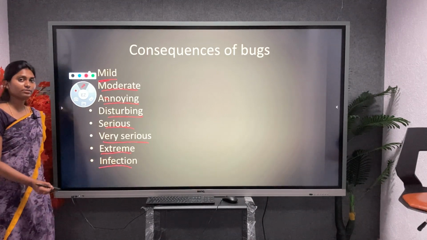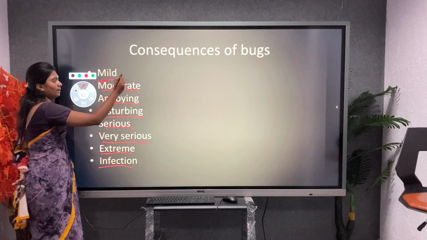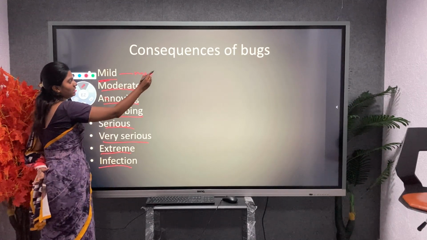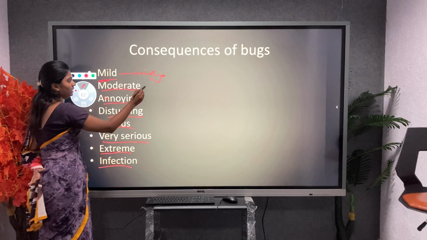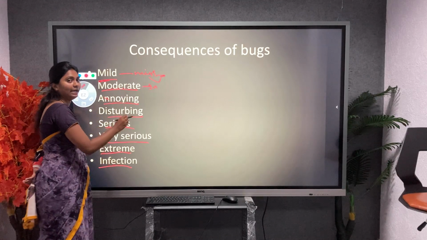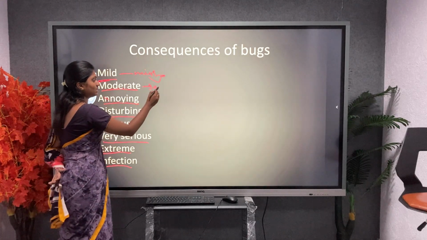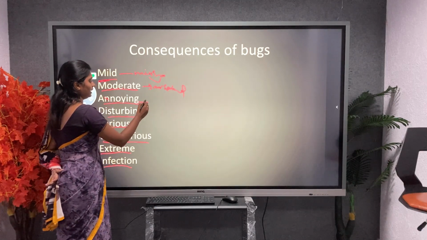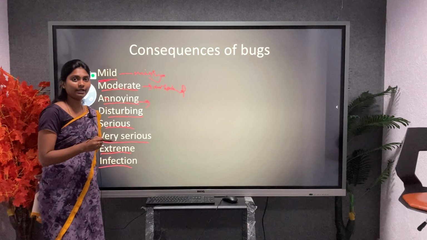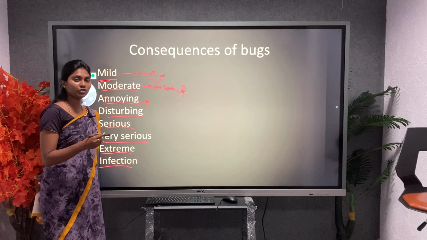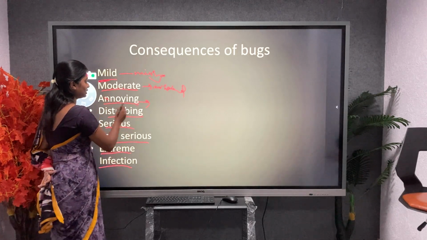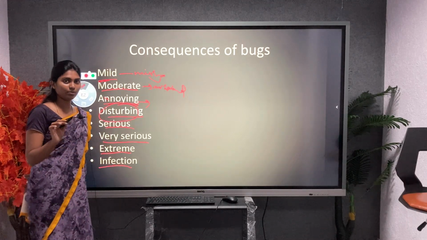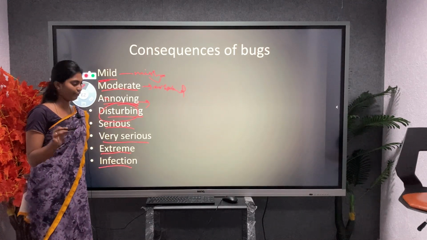Okay, what is mild? Nothing but missing data. Moderate means misspelled data. Annoying means the transaction will fail. Disturbing means a large transaction, many transactions, lead to failure.